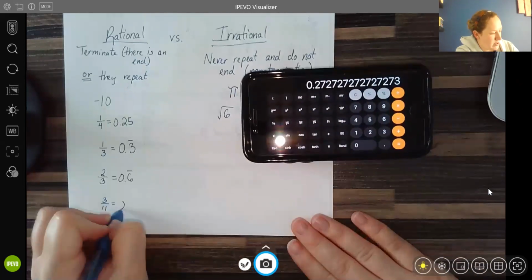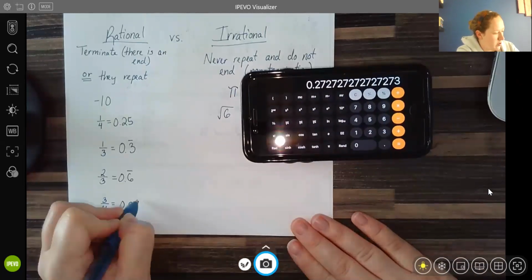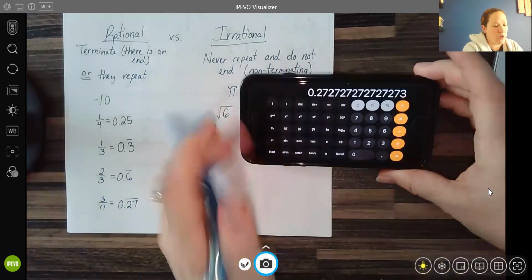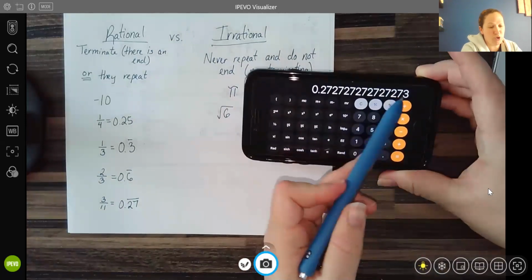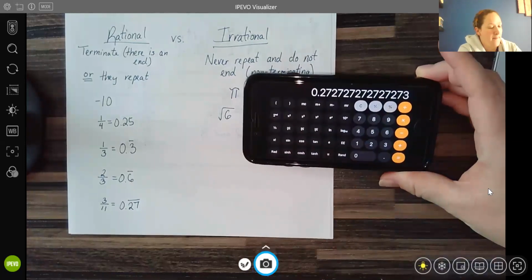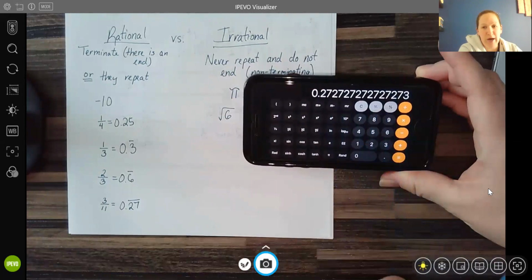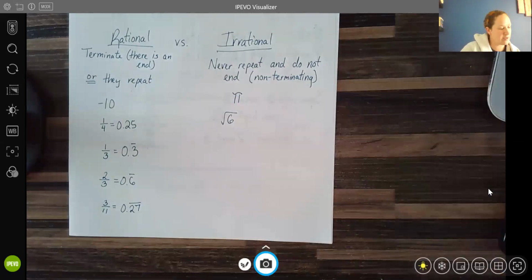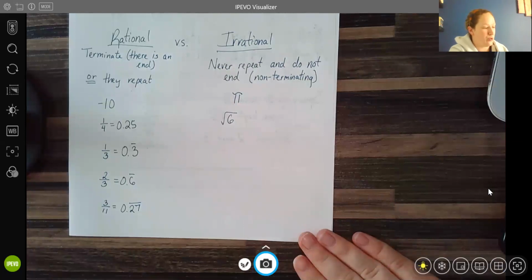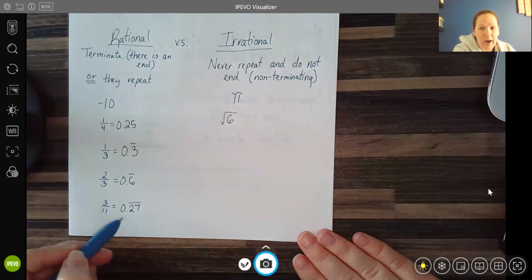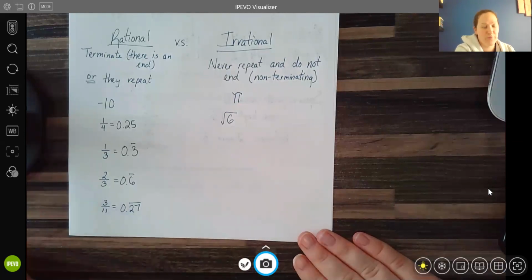Okay, this is equivalent to 0.27 repeating. Okay, that 3 is because it was 2/7, and the 7 caused that 2 to get rounded up. But I can see the pattern and then just recognize that my calculator added that last piece of rounding in order to give it an end. And so it's a clear pattern, it repeats. That would still fall under rational, okay?